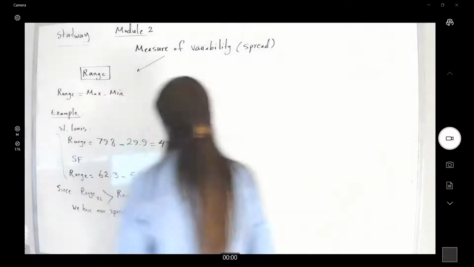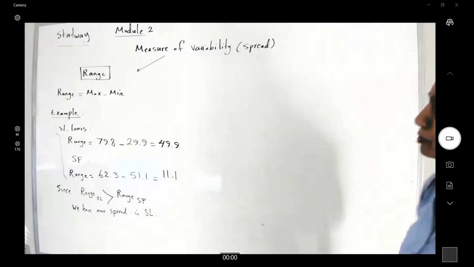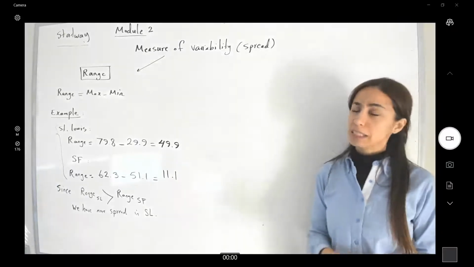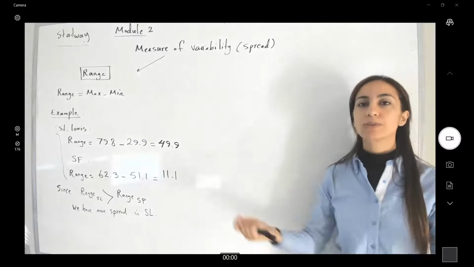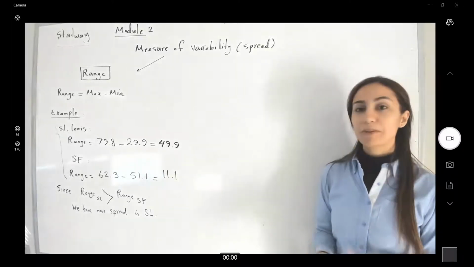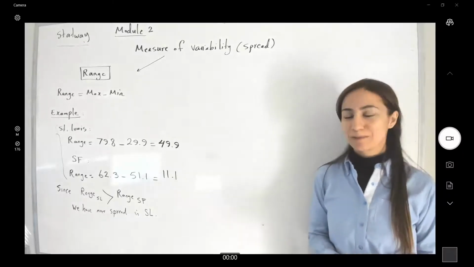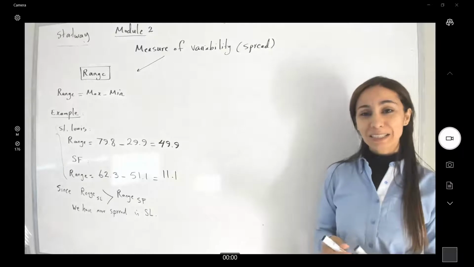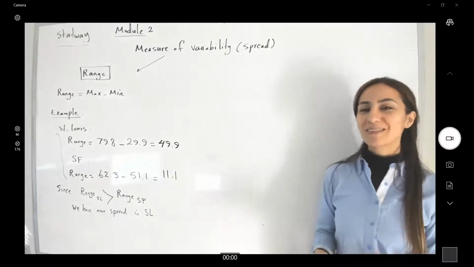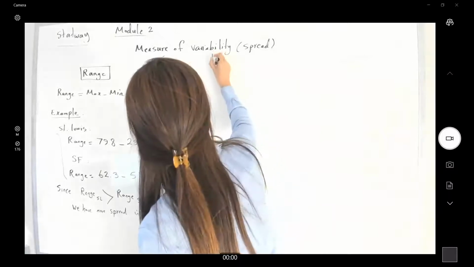Okay, very well. So I expect you to ask, in range, you only took 2 values out of all of these data. What about the rest of the numbers? How do we use the rest of the numbers? Well, in this case, we're going to find something that we call the standard deviation.